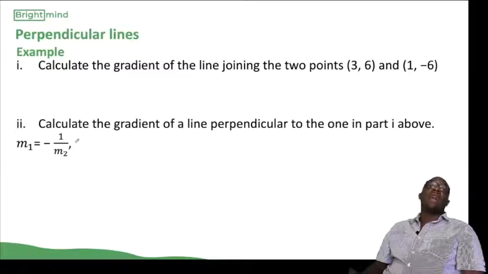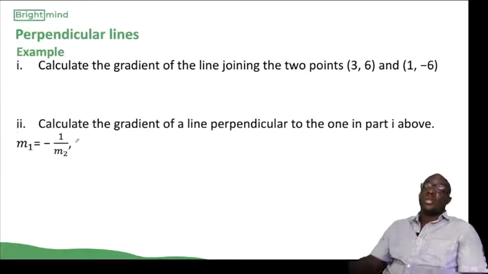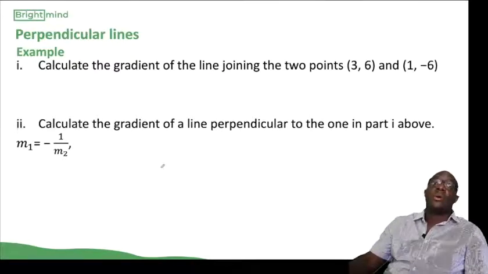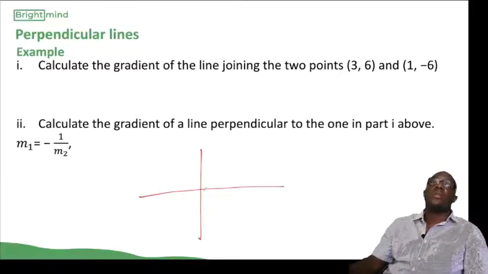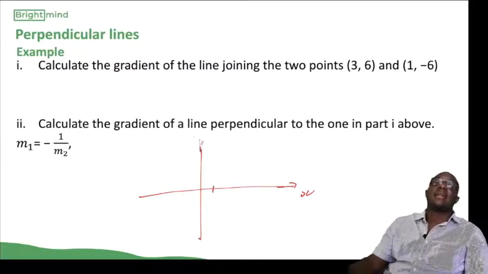So, an example here. Calculate the gradient of the line joining the 2 points. Again, we just want to do a visual here so that you understand. We've got 2 points. That's the x-axis. That's the y-axis.